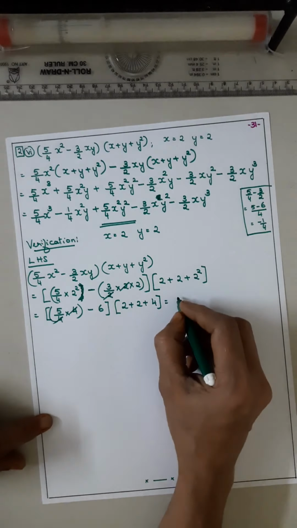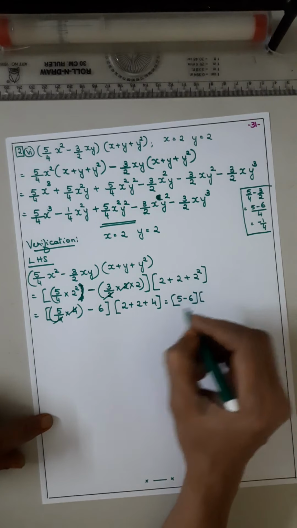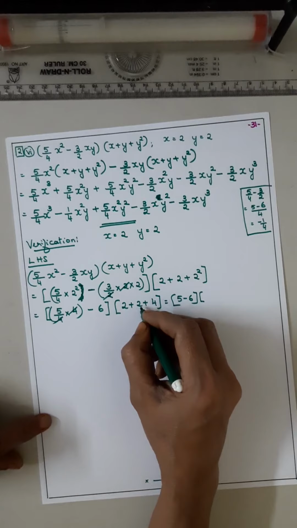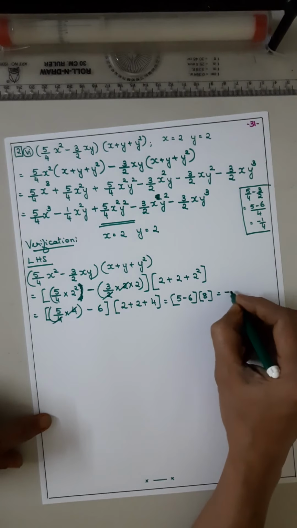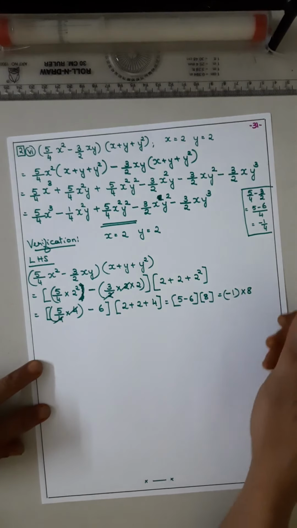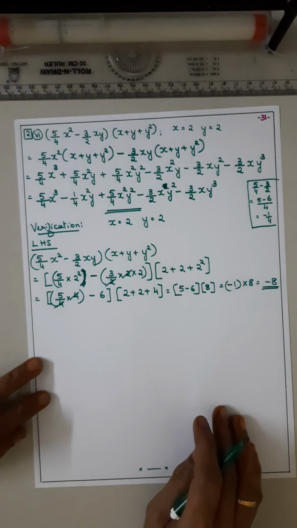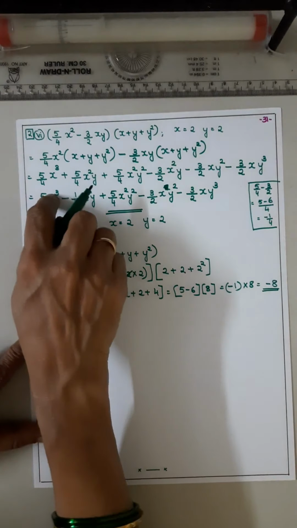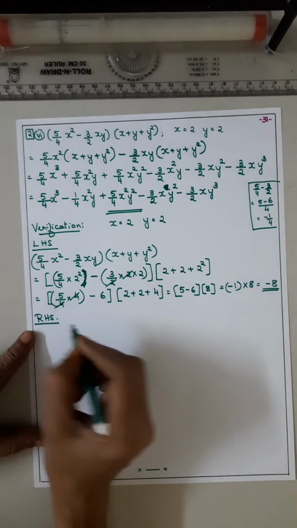So that is why you will get 5 minus 6 into 2 plus 2 is 4, 4 plus 4 is 8. That means minus 1 into 8, isn't it? 5 minus 6 is minus 1 into 8. Answer is minus 8.